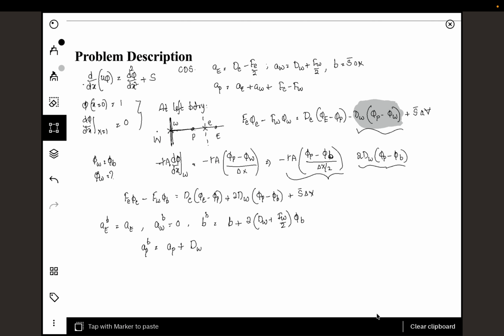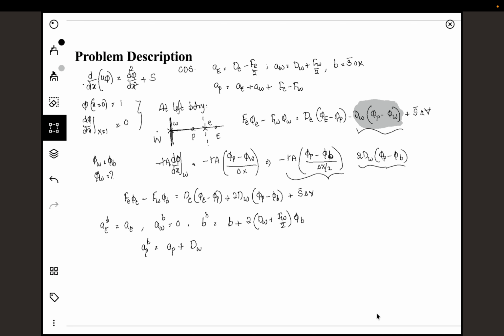Now I also have to do what happens for the Neumann condition. So at the right boundary, what happens? This will be very straightforward. At the right boundary, you take the same equation. So we have F east phi east, because we are assuming F east is positive. Let me take a new page.